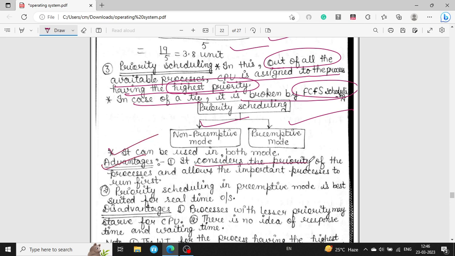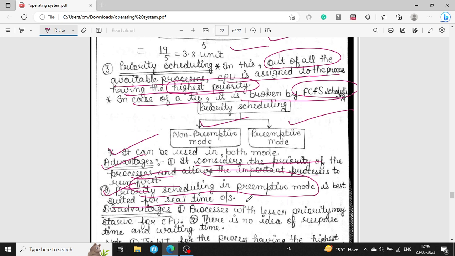Advantages: it considers the priority of processes and allows the important processes to run first. Second, priority scheduling in preemptive mode is best suited for a real-time operating system.